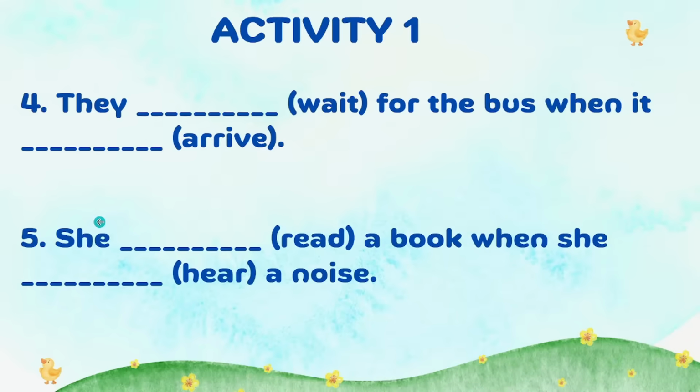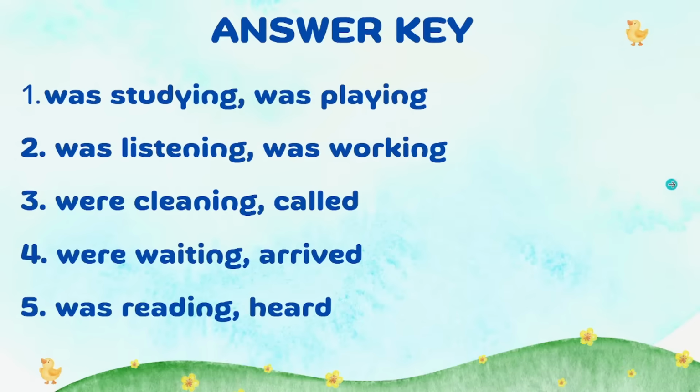You will use "was." She was reading a book when she, what are you going to add here? I'll add "d": heard a noise. She was reading a book when she heard a noise. There's the answer key here.